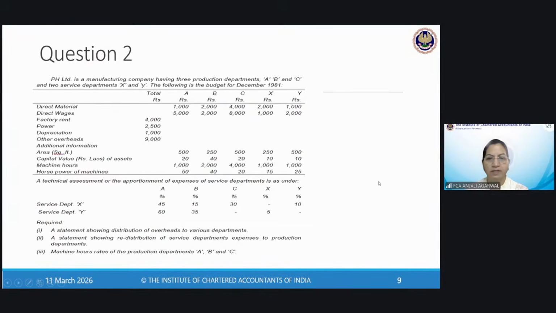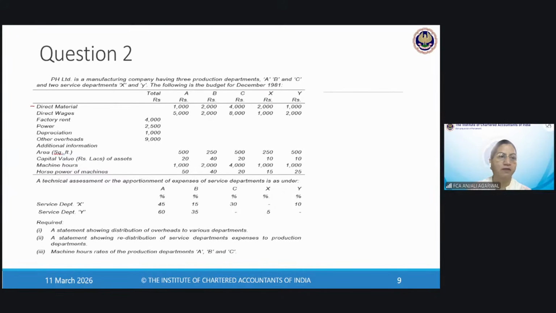Now let us look at this question, which I have already explained, and like I have asked you, some of you asked in the chat window how other expenses are to be distributed. So let's take a question. PH Limited is a manufacturing company. It has three production departments, A, B, C, and two service departments, X and Y. This is the budget for the month of December.